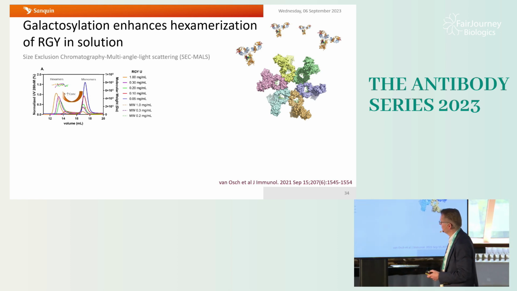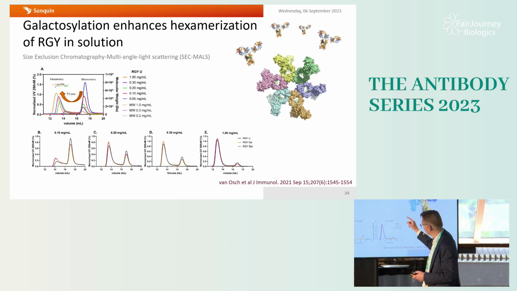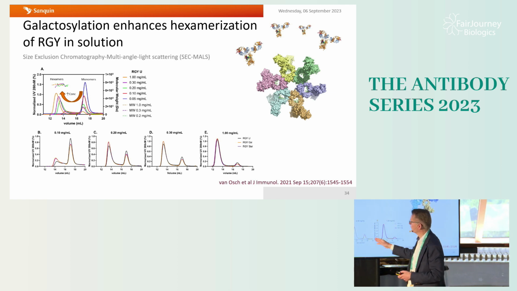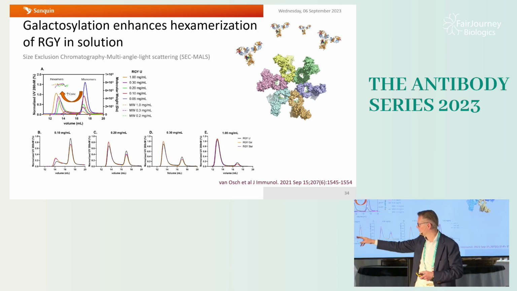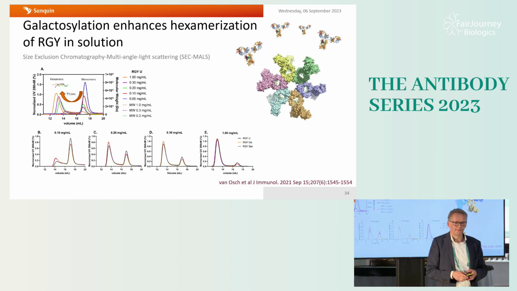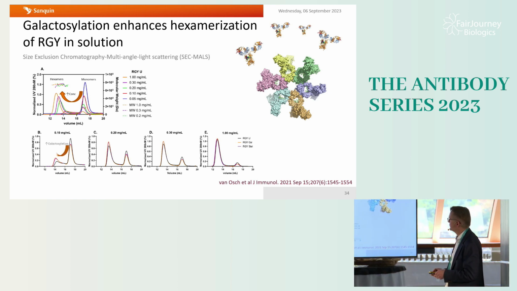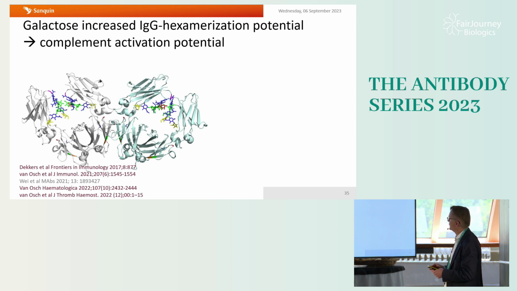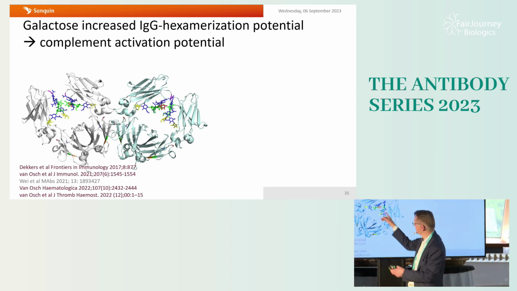And if you do this with the glycoengineered variants, you see that at lower concentration this hexameric fraction is relatively higher in the antibodies with enhanced galactosylation.